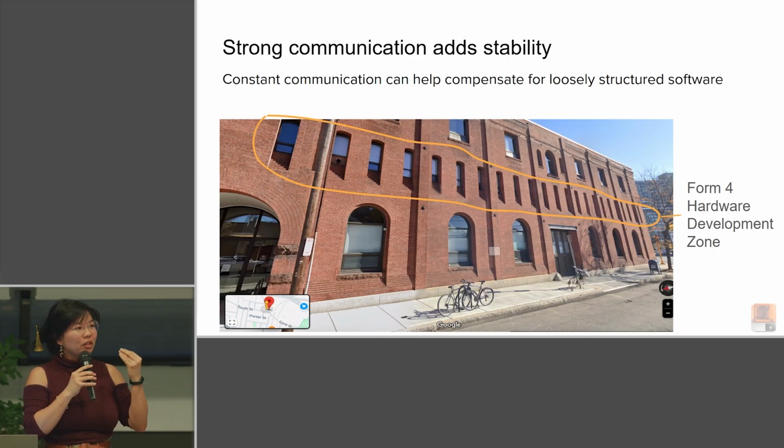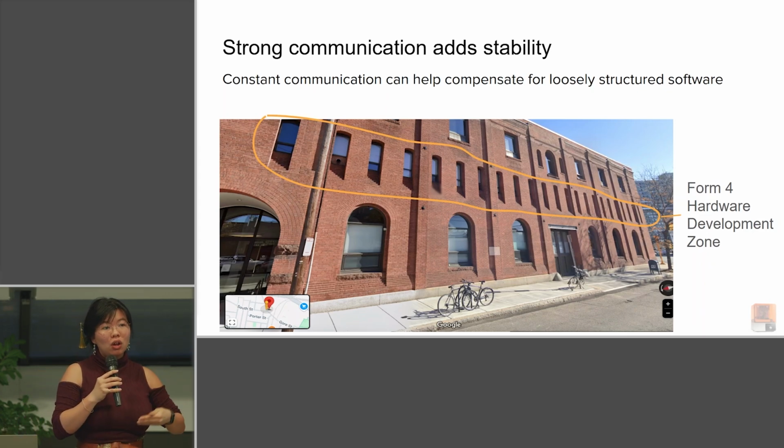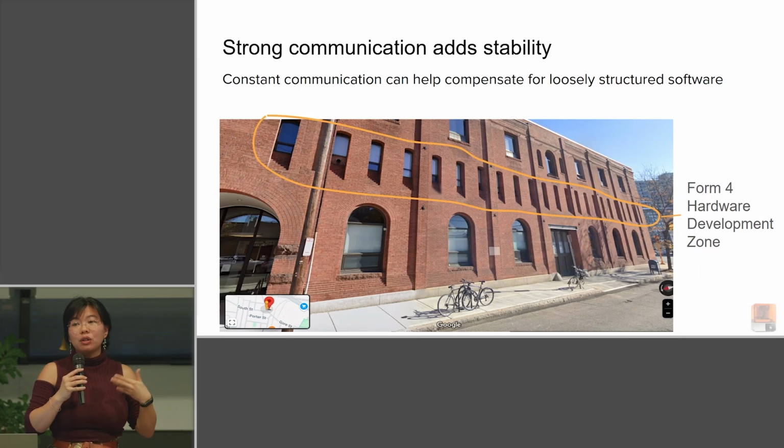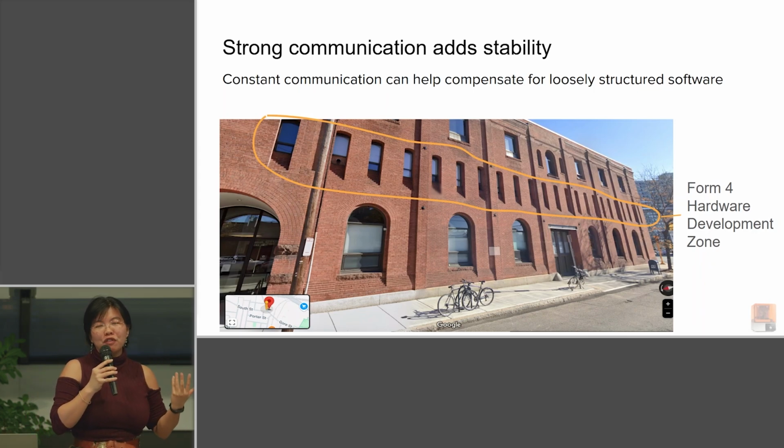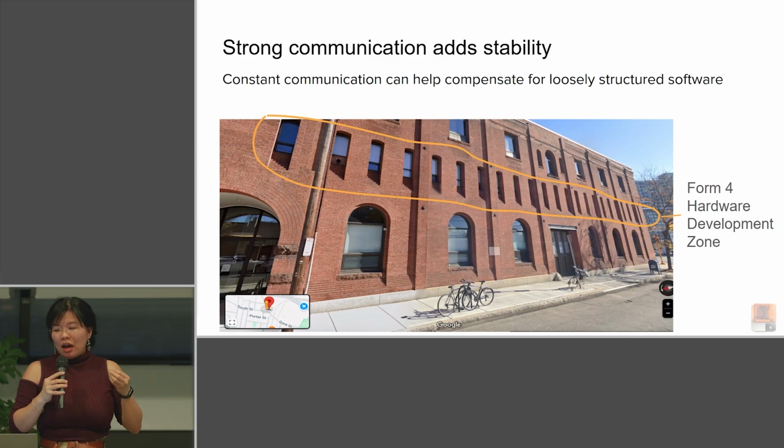And despite the fact that we didn't have very good continuous integration, we didn't have good software models for everything, we had a lot of hardware, and we had a lot of people who were printing on the prototypes basically nonstop all the time. I think we probably had like 50 printers just going day and night.